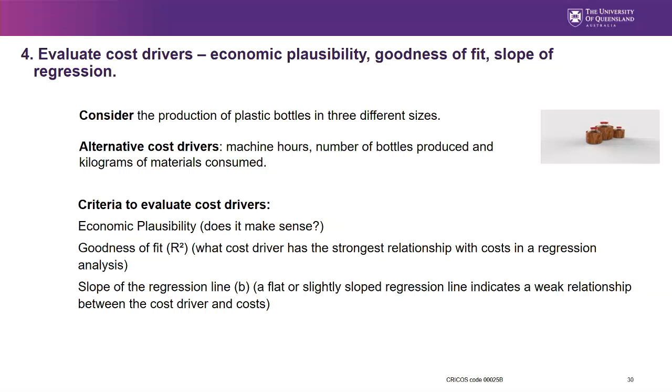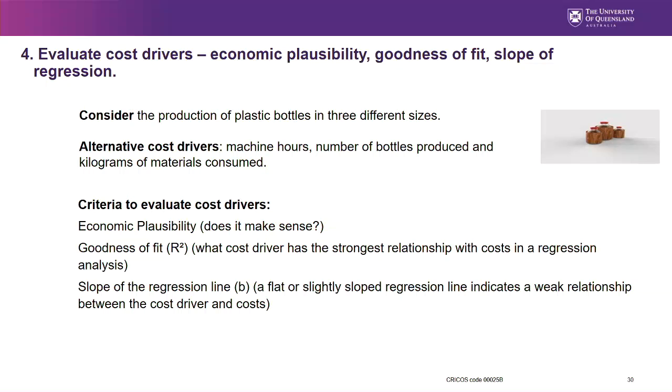So when we're choosing a cost driver, what is causing our variable cost to change? We've only talked about the activity or the volume that we produce causing our variable costs in total to increase. But it might be that something else, apart from the volume of units that you produce, such as machine hours or the kilograms of materials, has a better cause and effect relationship with our costs.